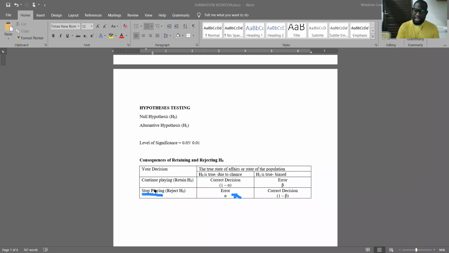And in an instance whereby I continue to play, I still retain H0, when in reality my friend is cheating, then I have committed an error. Then again, if I stop playing when my friend has been cheating, then I have made a correct decision.